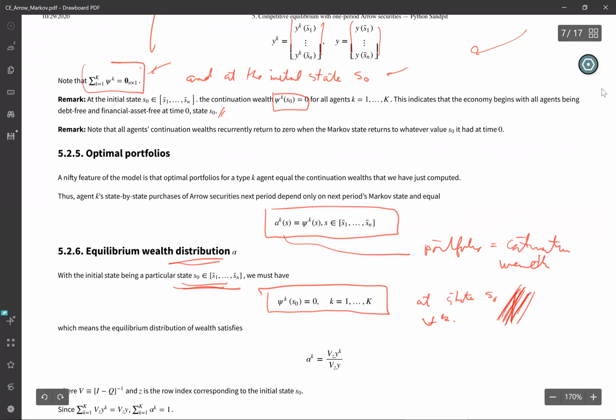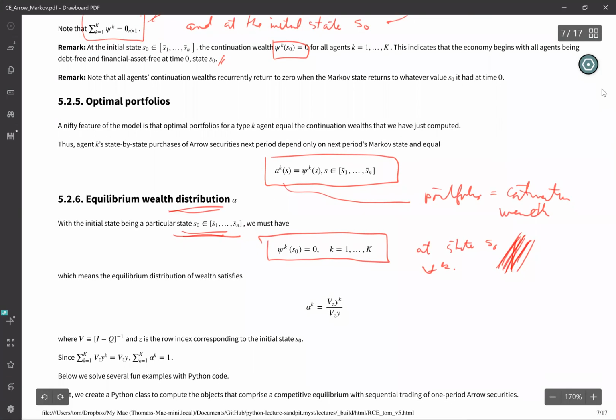I hesitate to say this, but there's a sense in which this is equivalent to imposing the time 0 budget constraint that we impose in the Arrow-Debreu time 0 trading setting for everybody. That's the counterpart of it.